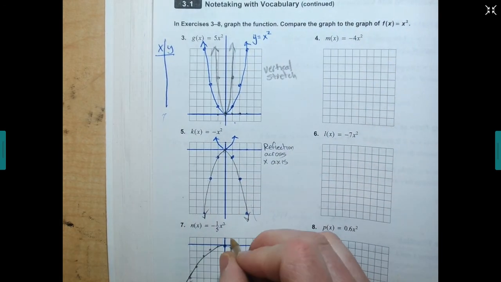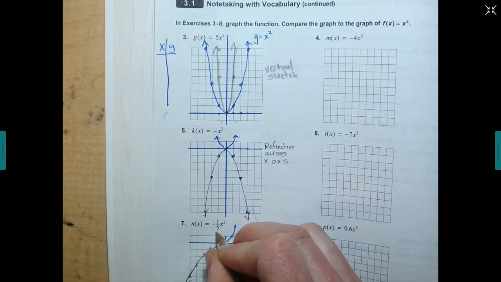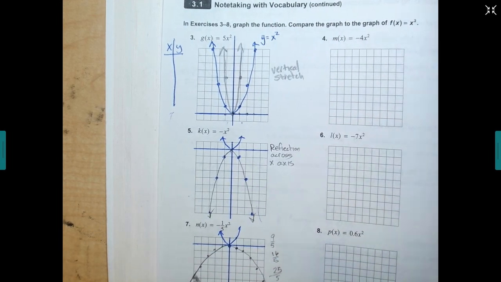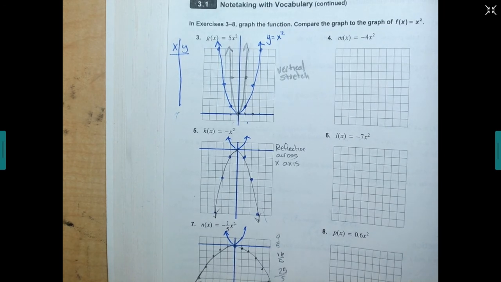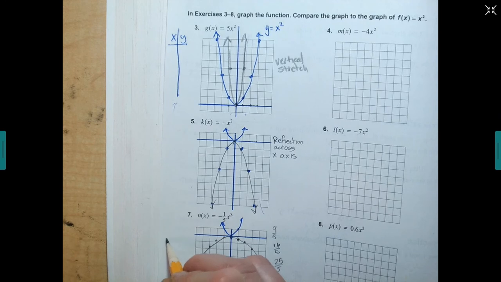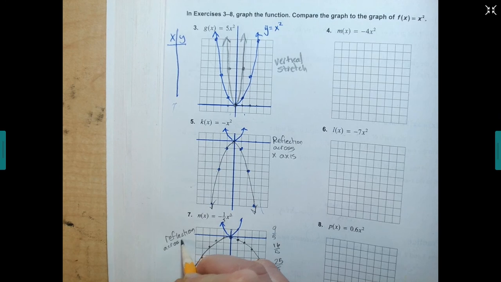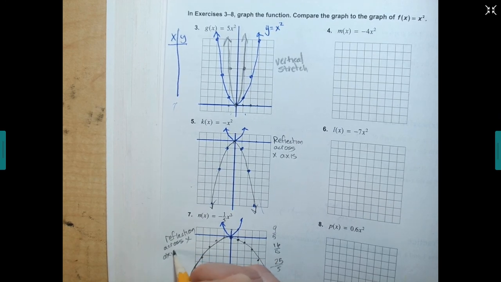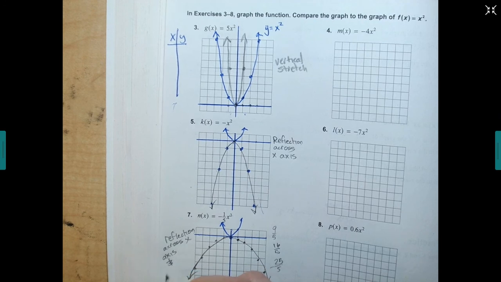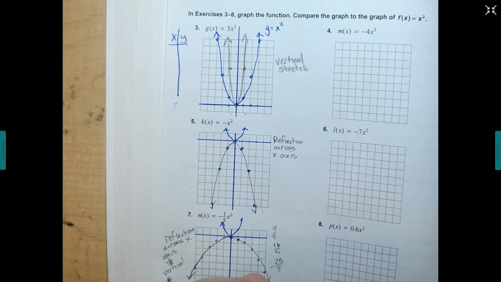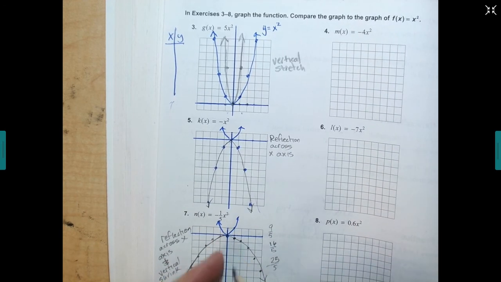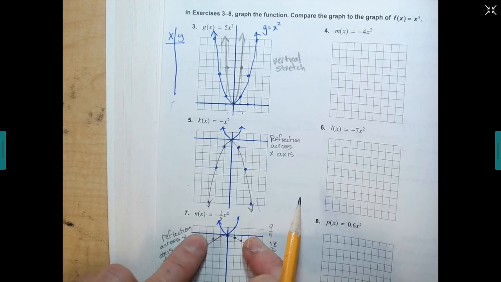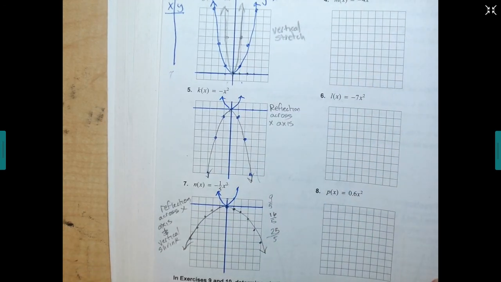And my parent function goes like this. So what do I have? I have a reflection across the x-axis and a vertical shrink. Instead of a vertical stretch where it gets longer, it's shrinking. It's getting closer to the x-axis.